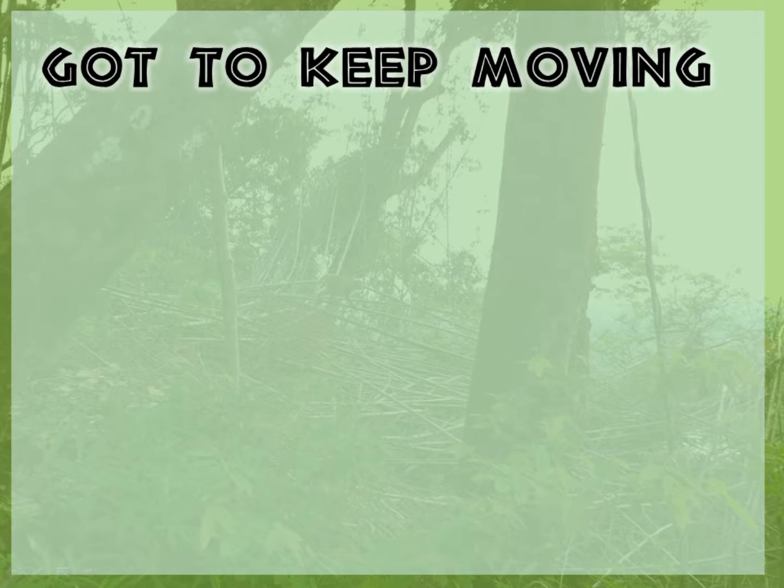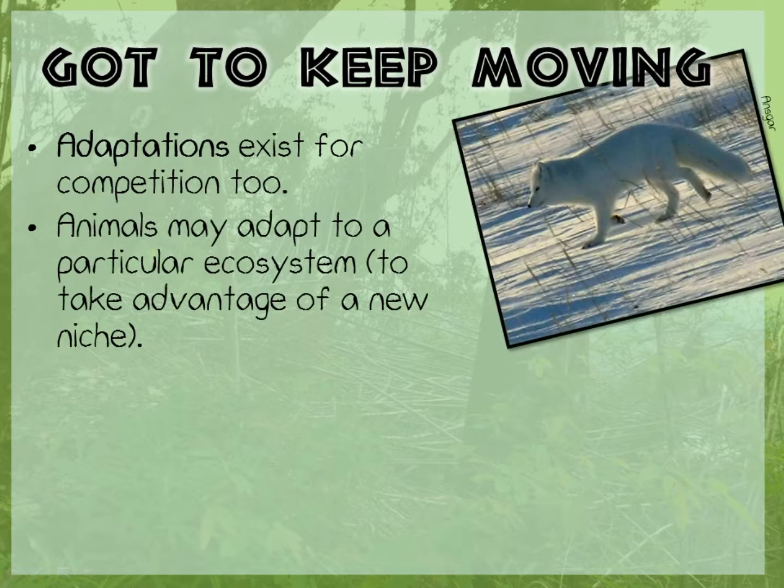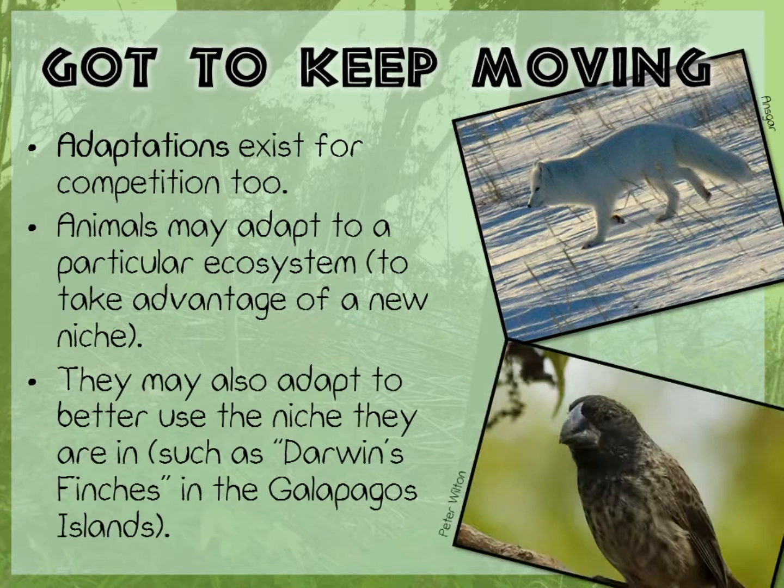So the key thing to remember is that all of this coevolution is a continuous process. Adaptations exist for competition too. Animals may adapt to a particular ecosystem to take advantage of a new niche. As we saw, an outcompeted organism might have to adapt to take advantage of new resources within its niche, which essentially means it is slightly changing its niche.